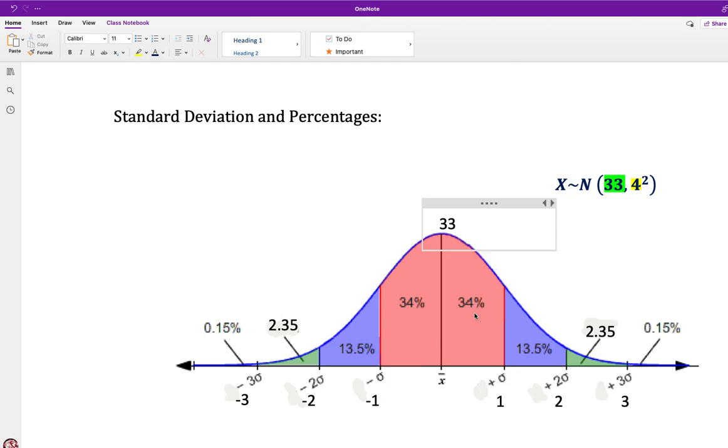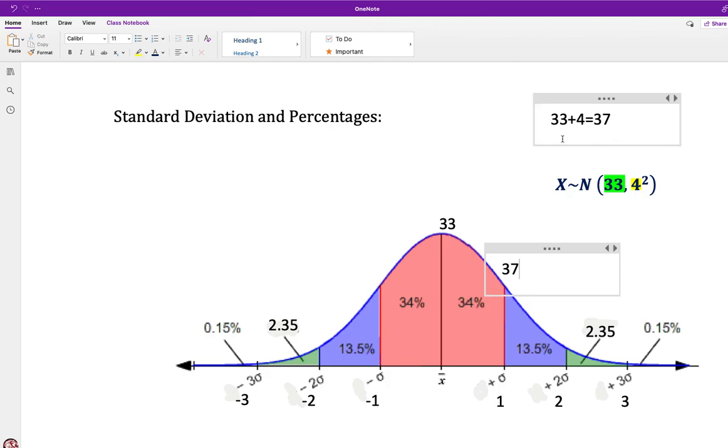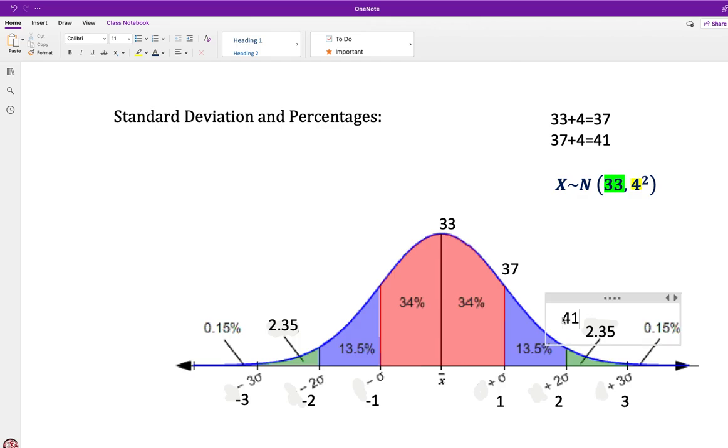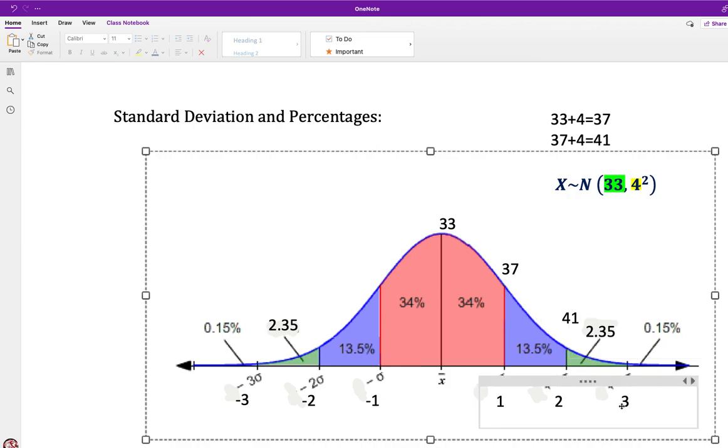Now I'm going to go up 1 standard deviation. Up 1 standard deviation would be 33 plus 4, which equals 37. So 37 goes there. And then we go up another one: 37 plus 4 equals 41. 41 goes right here. Then lastly, a lot of boxes going on here.